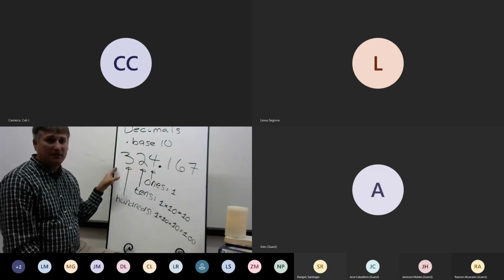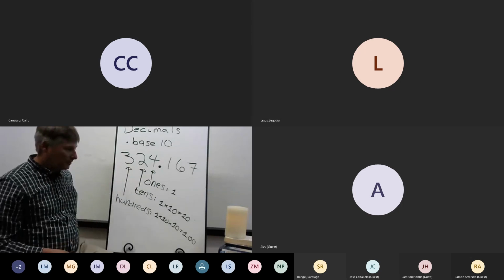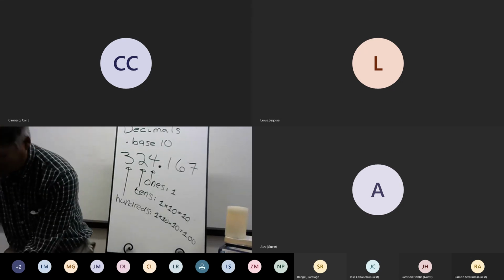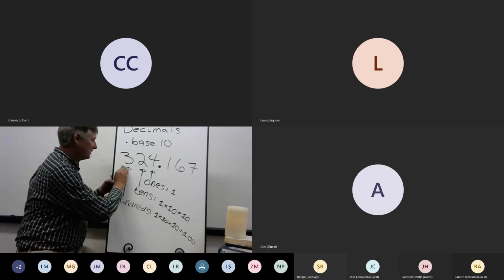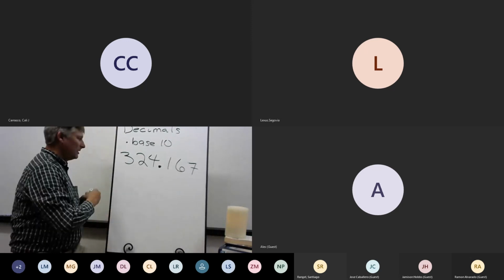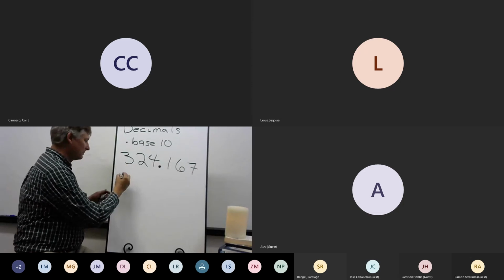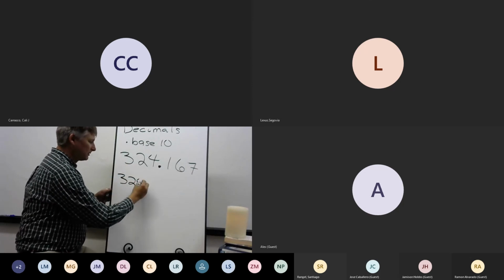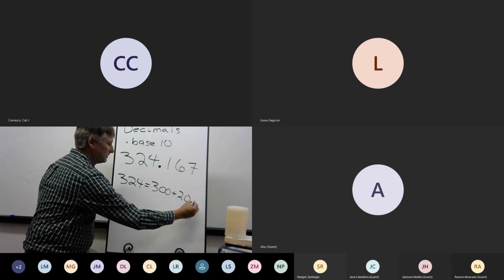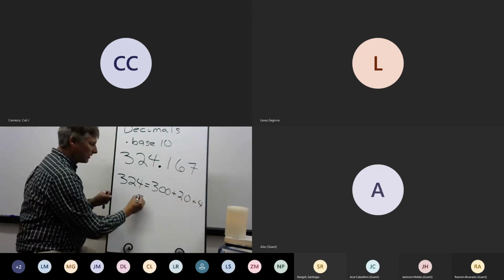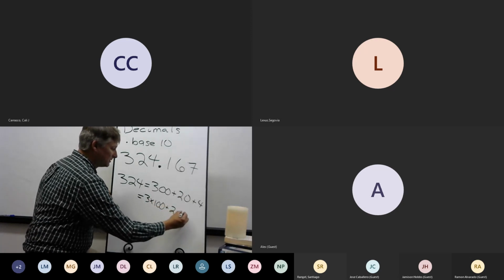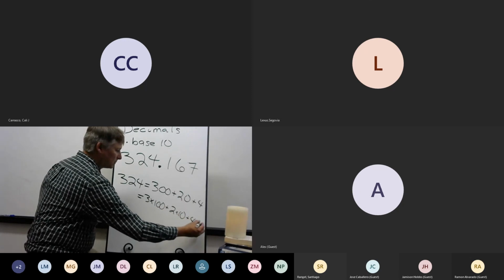Now, that's if we're on this side of the decimal point. So what this looks like, if we just focus on this side here, 324 is 300 plus 20 plus 4, or 3 times 100 plus 2 times 10 plus 4 times 1.